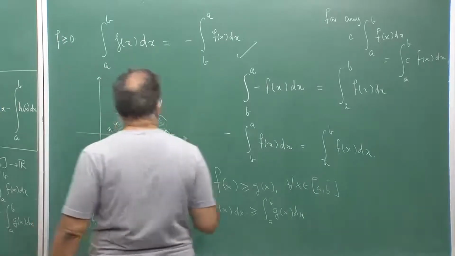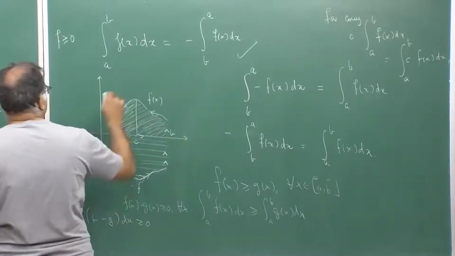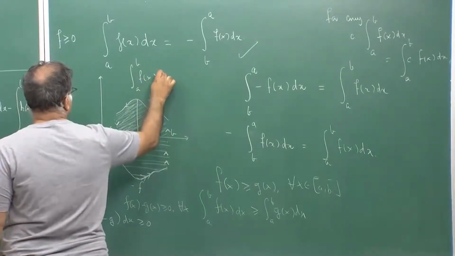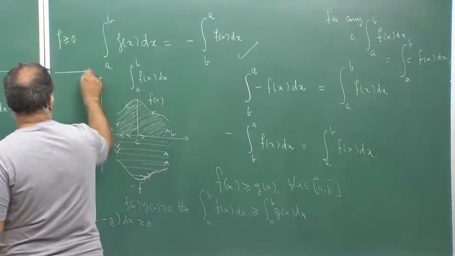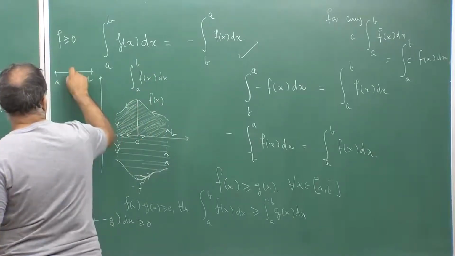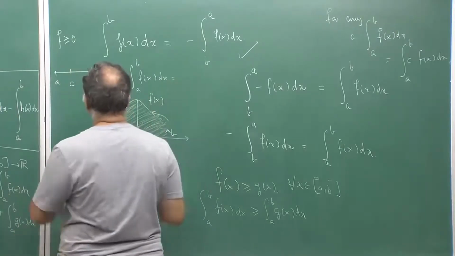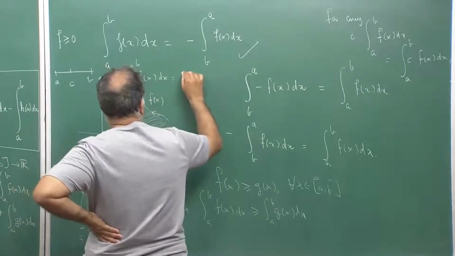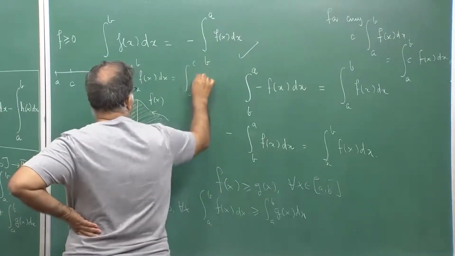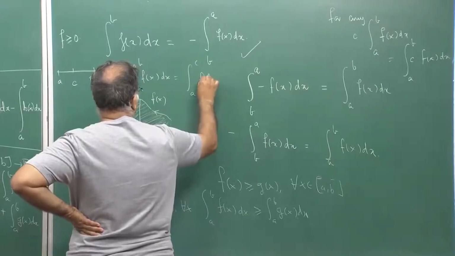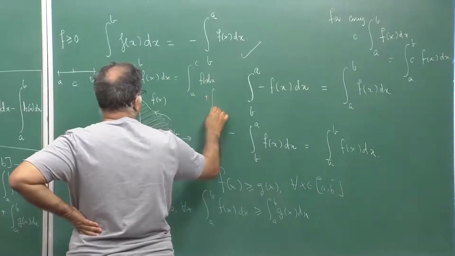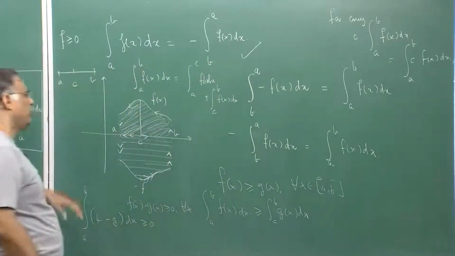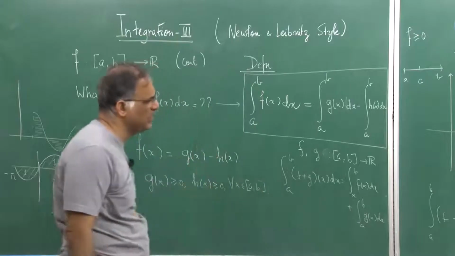Basically it is true for any function, but it simply says that if you take any c which is lying between a and b, then integral a to b f(x) dx is nothing but integral a to c f(x) dx plus integral c to b f(x) dx. Sometimes these are required because the computations become simpler when you put in a c.